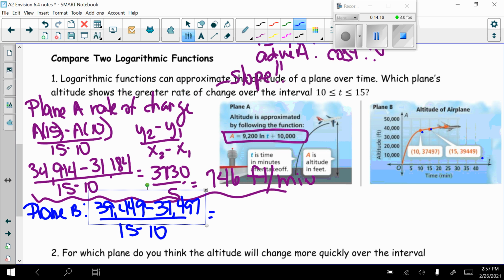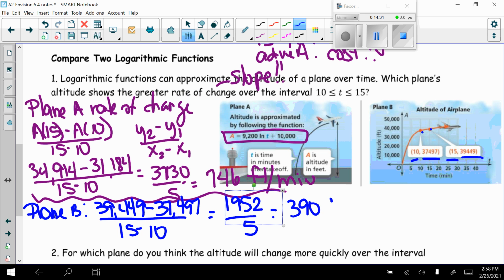I'm just plugging in y2 minus y1, x2 minus x1. On top, this is going to equal 1,952 divided by 5. When I divide that out, I get 390 feet per minute. So the average rate of change of plane B's altitude is 390 feet per minute.